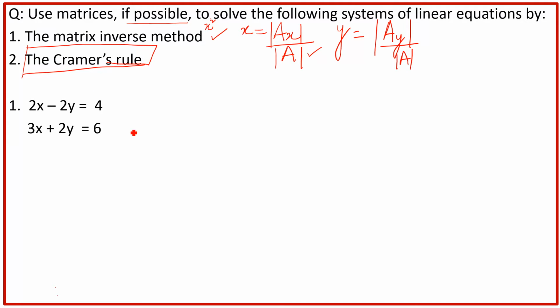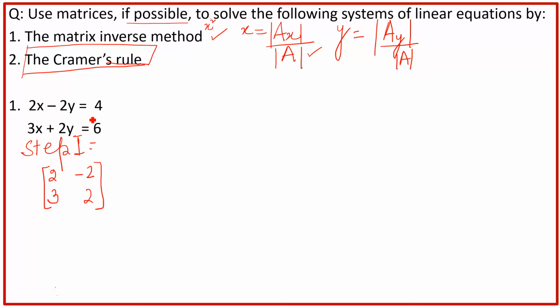These things we should know in order to find out the value of x and y. So here I am going to start. The first step is the same step we did in the matrix inverse method. Step number 1 is we will make the matrix. I will show you with the help of the coefficients 2, 3, -2 and 2.